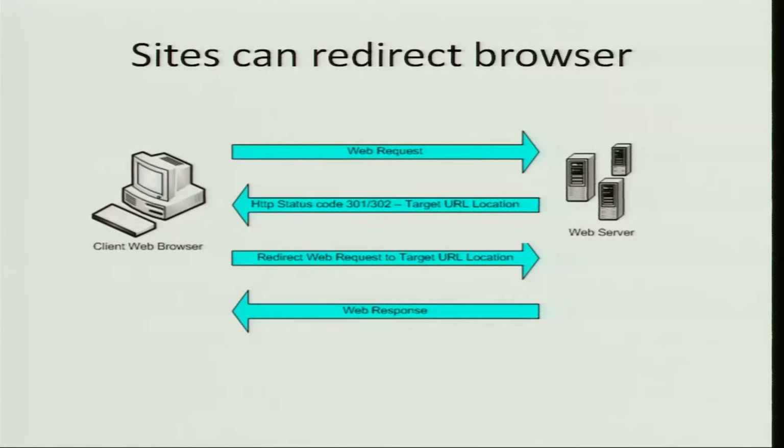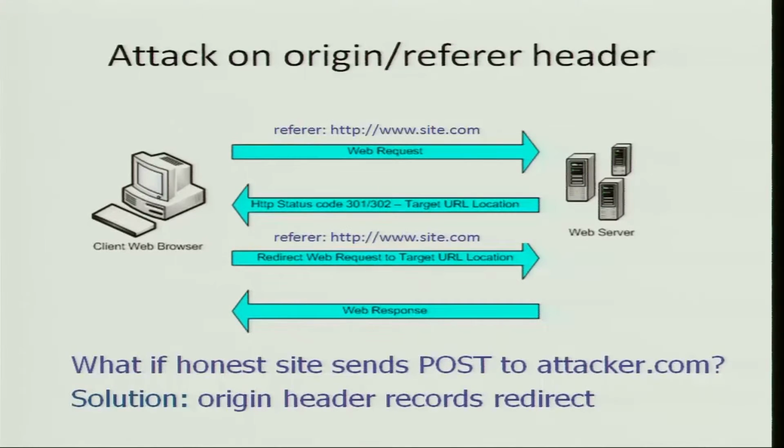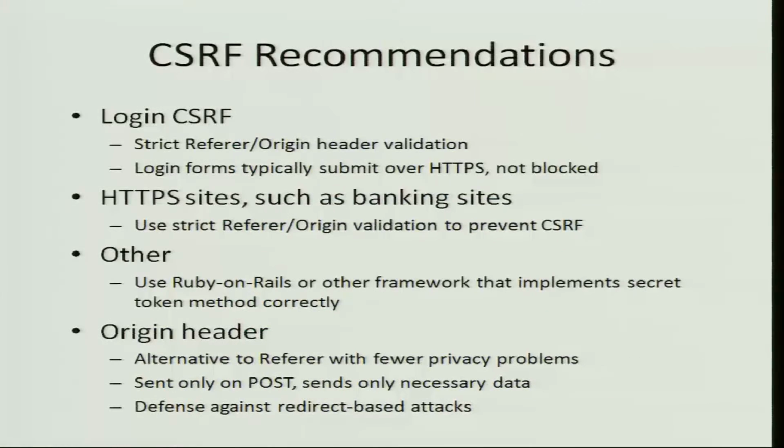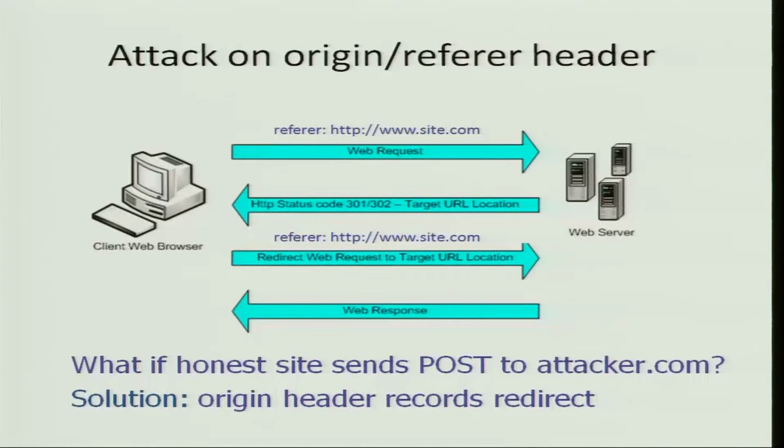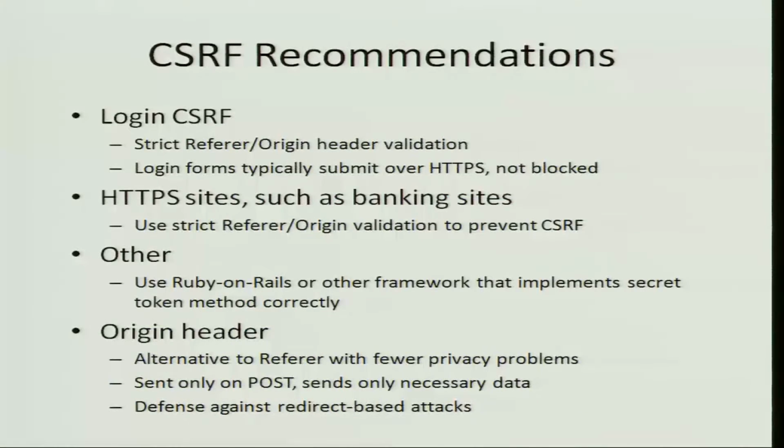Now we already discussed that in some cases the sites redirect the browser to go to another site, and in that case referrer validation doesn't work very well, and that is a problem that requires addressing, and for that the custom header solution was considered. And so the recommendation for CSRF is that you should do strict referrer and origin header validation.